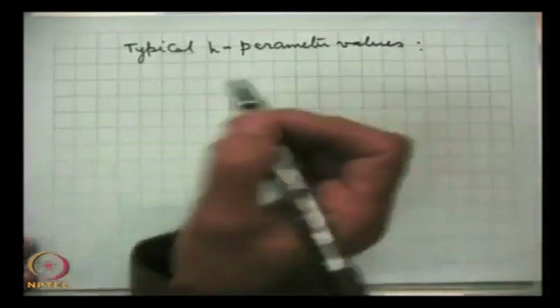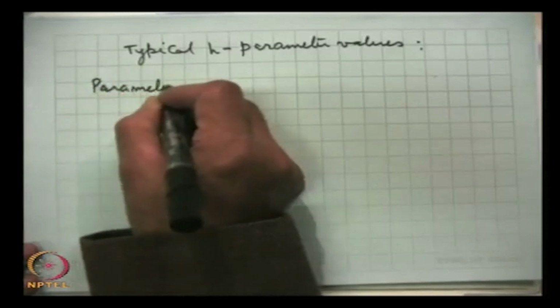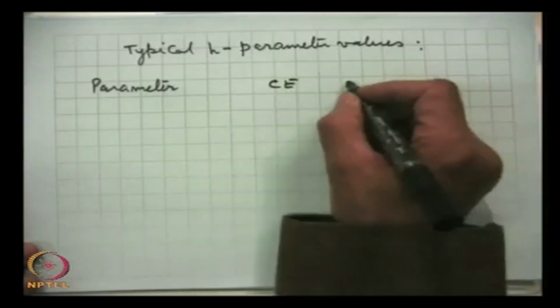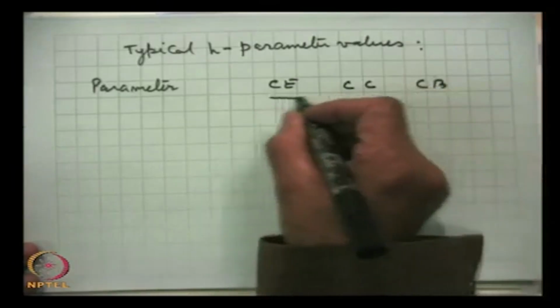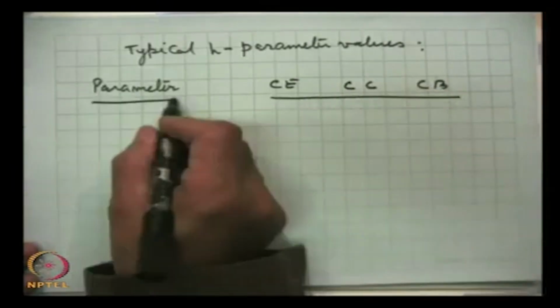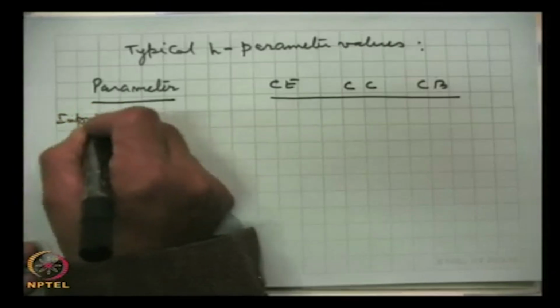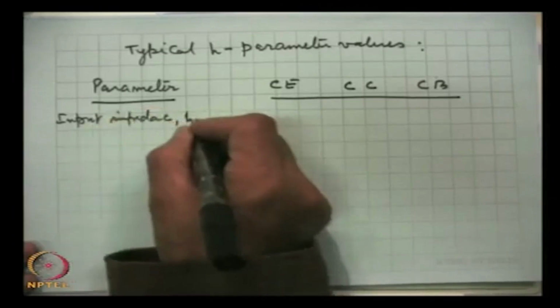Here are the parameters, for CE configuration, CC configuration and CB configuration. The first parameter is input impedance HI.